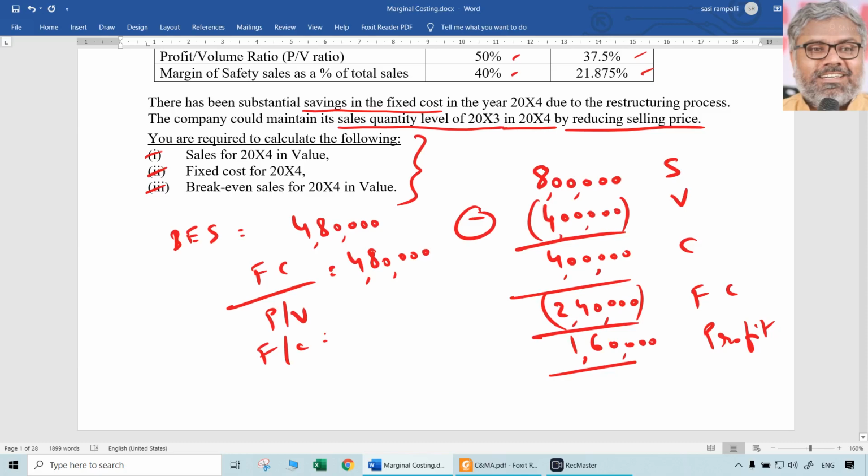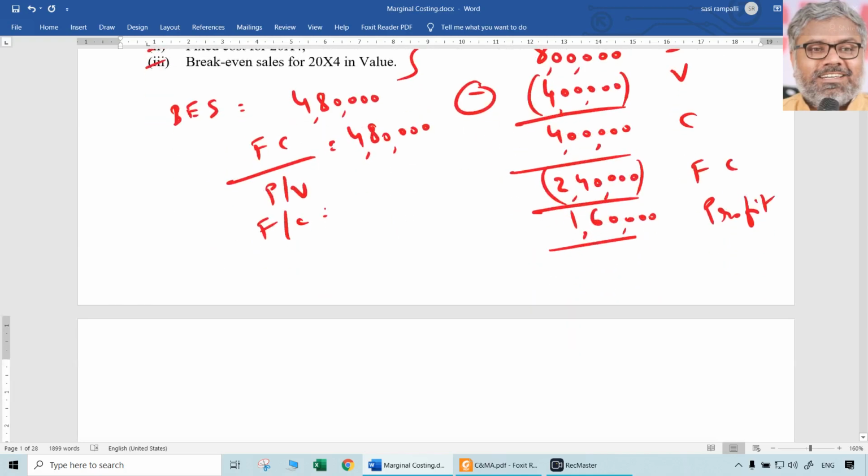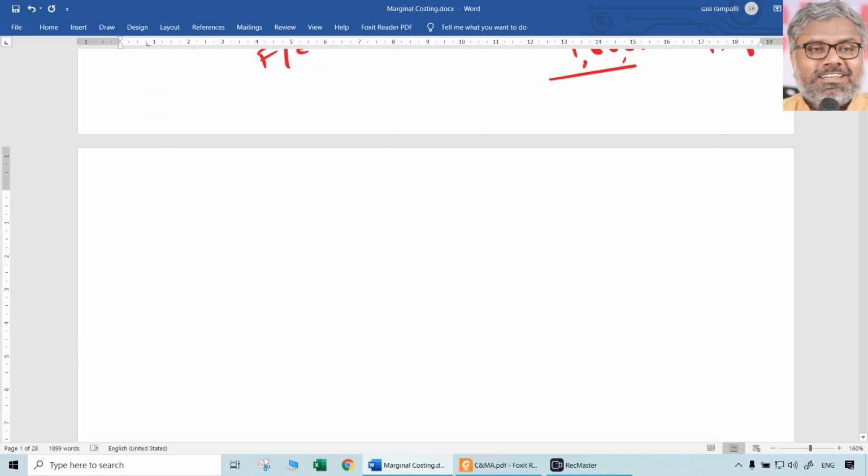So what is the only thing that is going to be constant next year? That we should identify. Sales we don't know. Fixed cost we don't know. The only thing that will not change next year is variable cost.